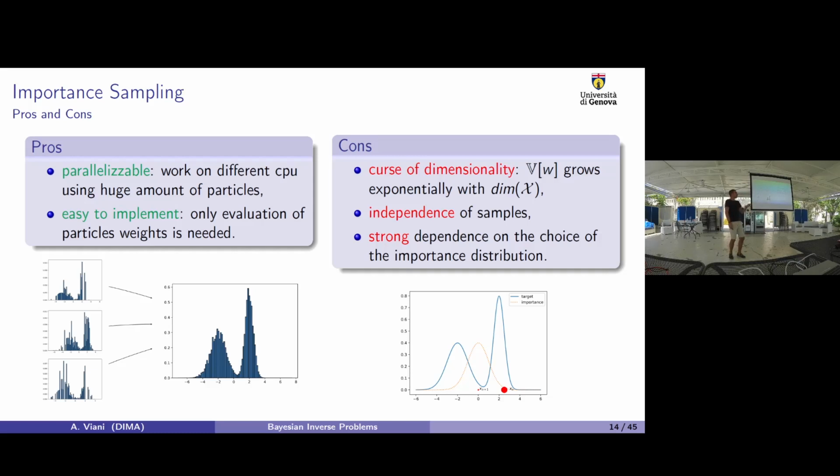And this means that if we increase the dimension, we are in a worse situation than with lower dimensions. So it's better to work in smaller dimensions with importance sampling instead of higher dimensions.